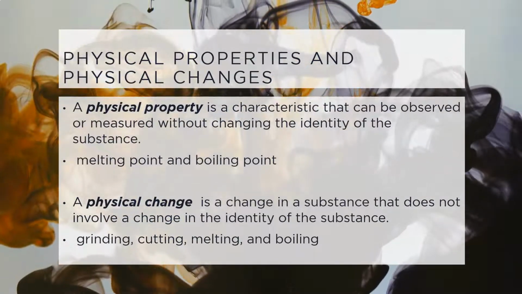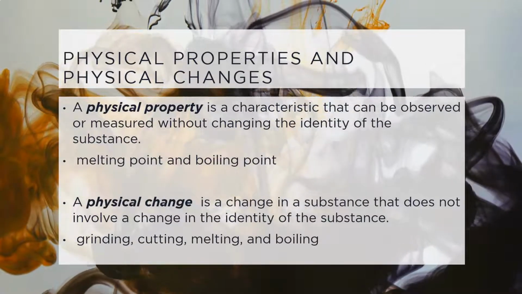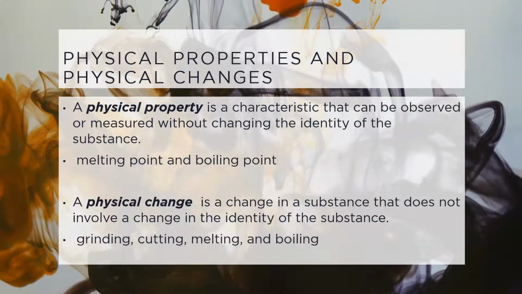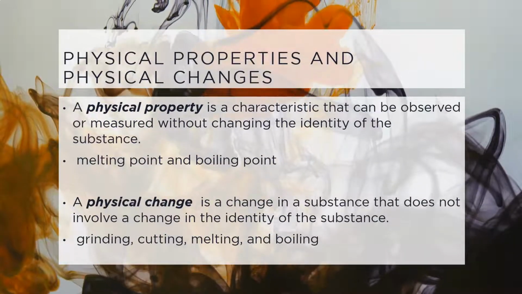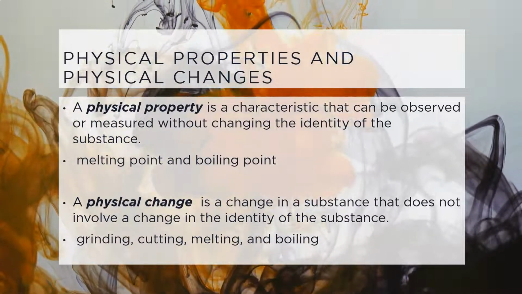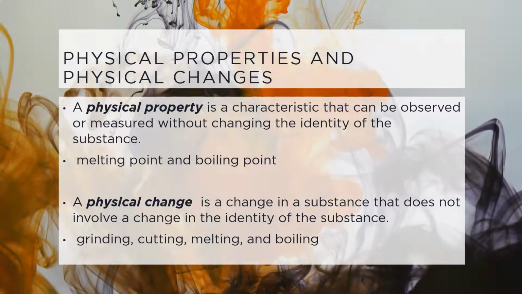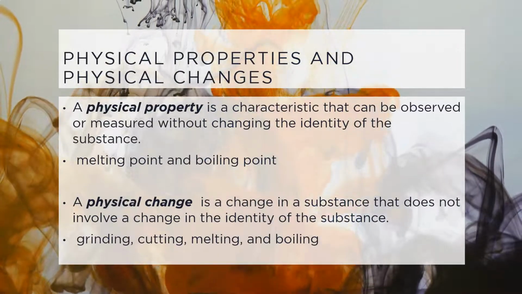If I had a piece of copper wire and I cut it in half, I still have copper. I didn't change the identity of the copper. If I were to cut paper, I might not be able to put it back together how it was, but it's only a physical change because I still have paper.